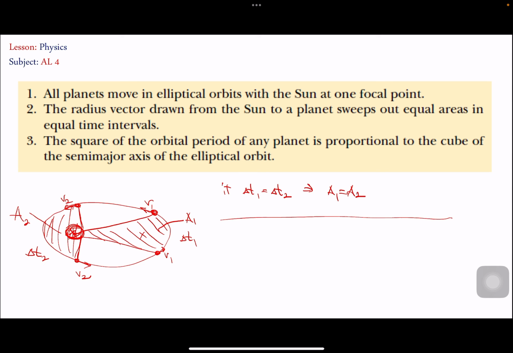It means that if I have the time required to complete the ellipse, the square of the period divided by the cube of the semi-major axis is constant for all the planets moving around the Sun. That's called the third law of Kepler. Now we'll see the mathematical description for this. We'll try to derive the formulas, and that will be clearer, I think.